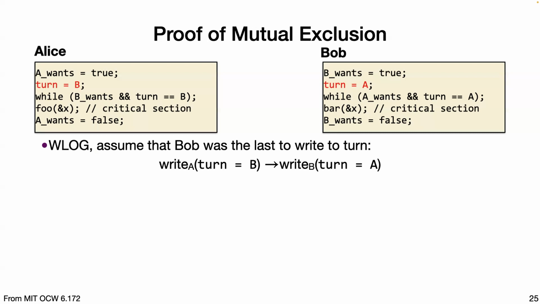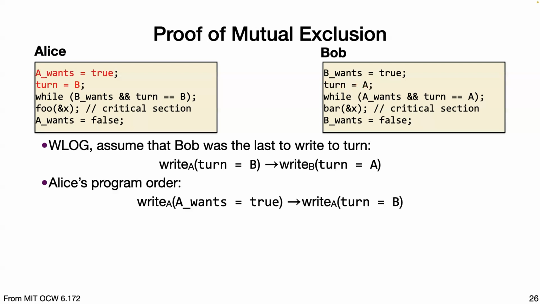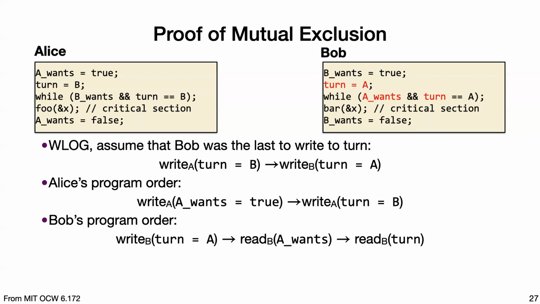One of them has to go first. And this is Alice's program order, just the order of her instructions. A wants equals true happens before turn is set on the side. And then Bob's program order is the same.